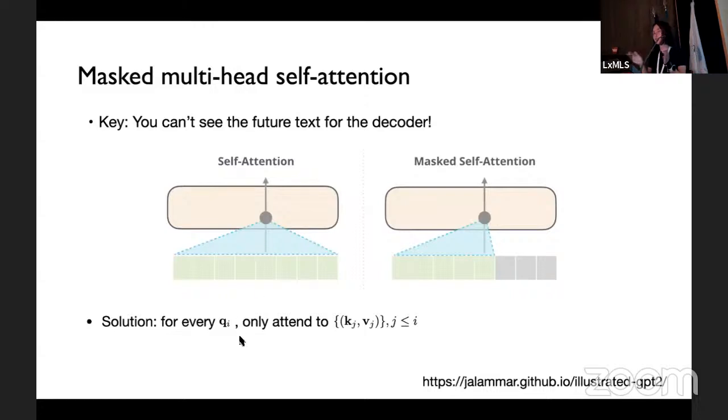We still calculate the attention scores as we usually do, but we limit the attention so that for every single query Q_I, we only allow this query vector to attend to the key-value pairs of J, where J is not more than I. So essentially, we only see a subset of the key-value vectors that appear before the current position, and also including the current position.